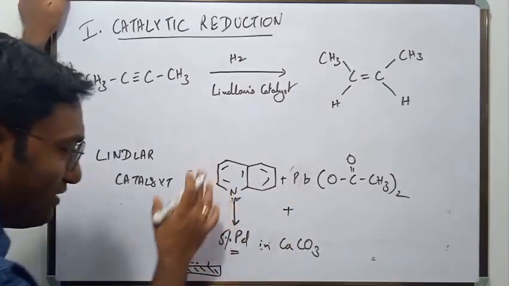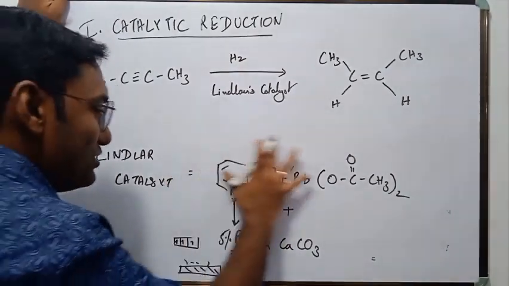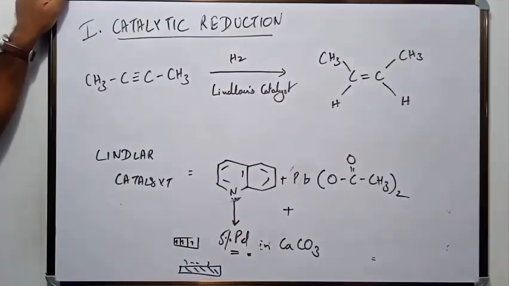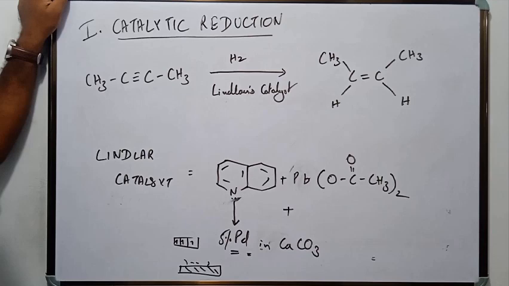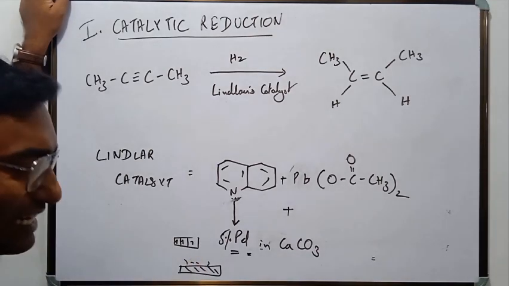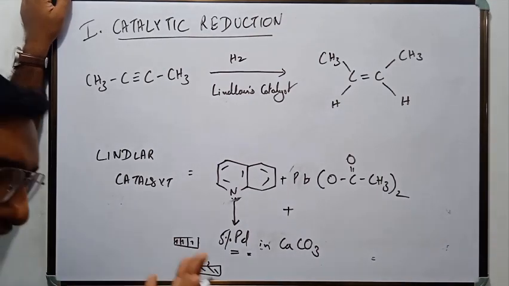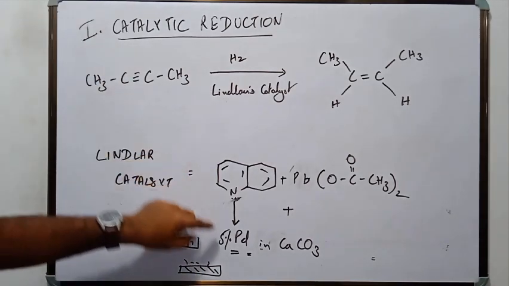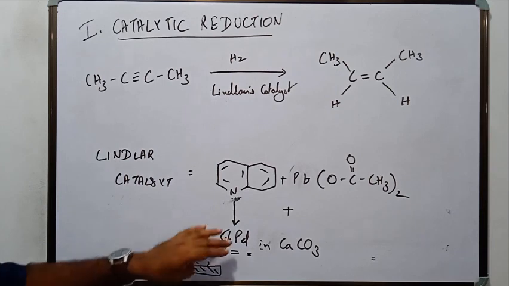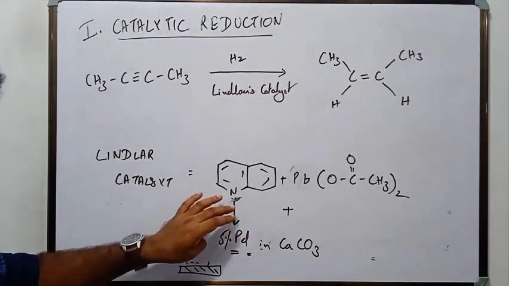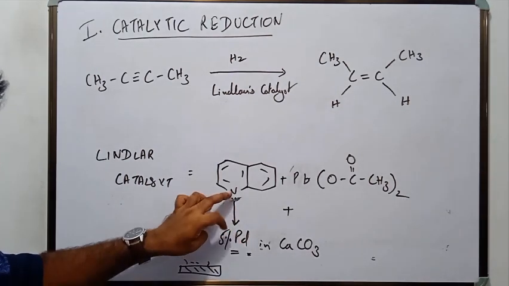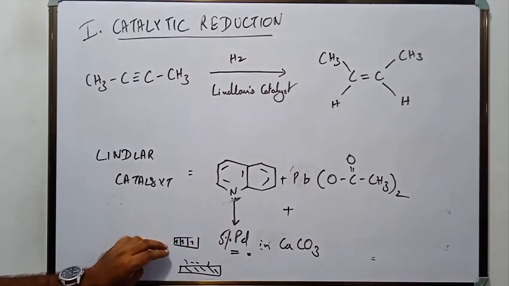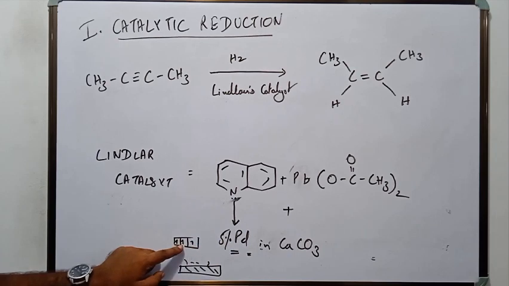So what we have done here is that we have reduced the effectivity of the palladium catalyst. We have reduced the spots where the hydrogenation can take place. We have reduced the efficiency of the catalyst. How? I have already said. See, actually what is the funda here is that it accepts the pair of electron from quinoline, from the nitrogen, because palladium is having empty orbitals which have unshared electron.